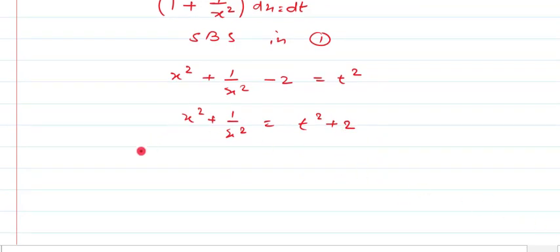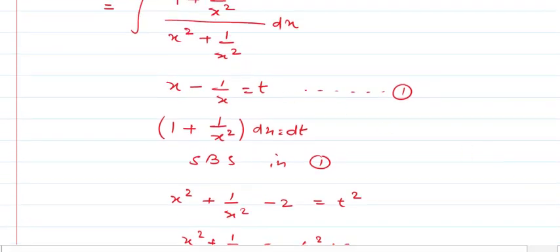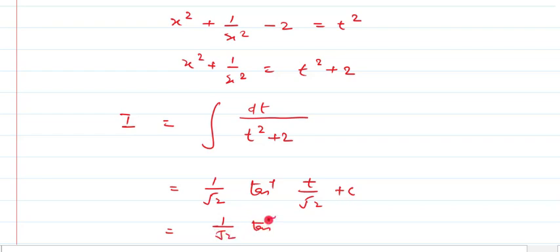Now substitute the values in the main question, that is in the I. So we are getting I is equal to, numerator is simply dt, and in the denominator we are having t square plus 2, because x square plus 1 upon x square is equal to t square plus 2. Now you know very well this identity of integration. This is nothing but simply 1 upon a tan inverse x upon a plus c.